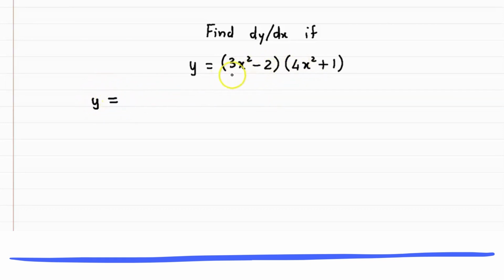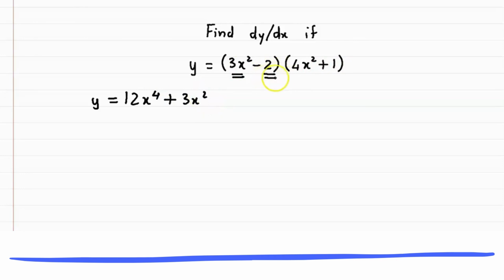So if you multiply the two brackets, now we'll have 3x square into 4x square. Now 3 into 4, that's 12, and x square into x square becomes x raised to 4 using indices. And 3x square into 1, so that's 3x square.